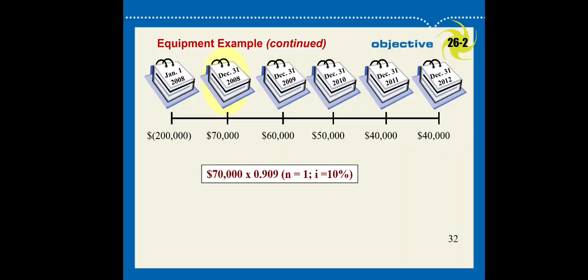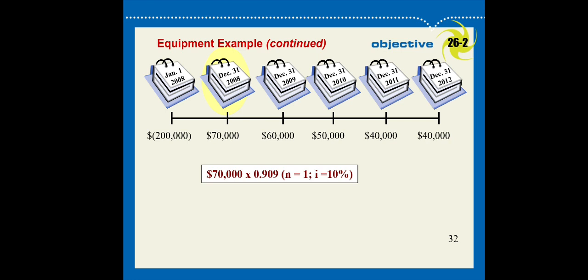So let's see. This is the situation. Equipment example. Today the assumption is January 1st, 2008. If the business purchases this equipment, the business has to pay $200,000 cash.